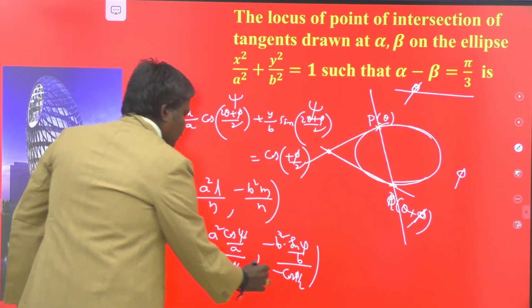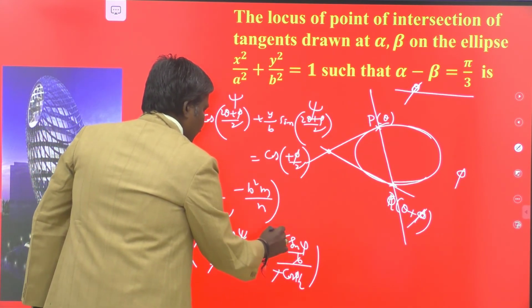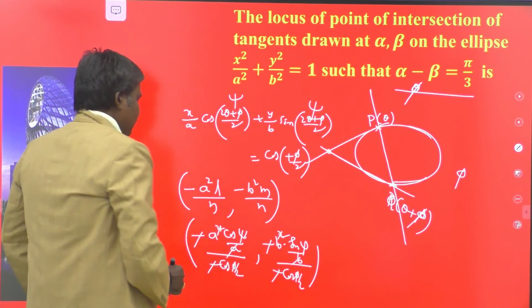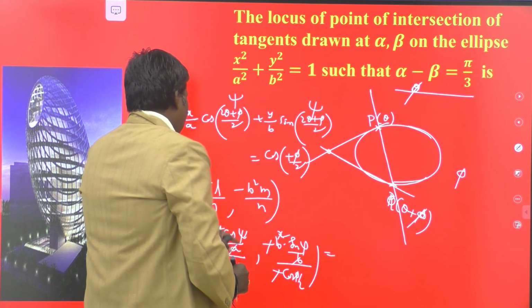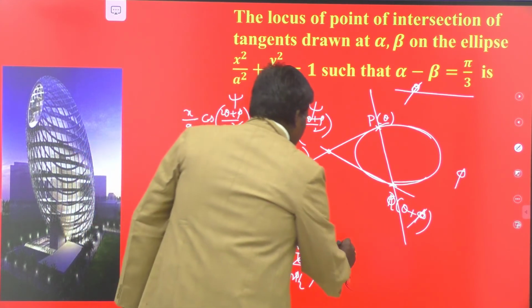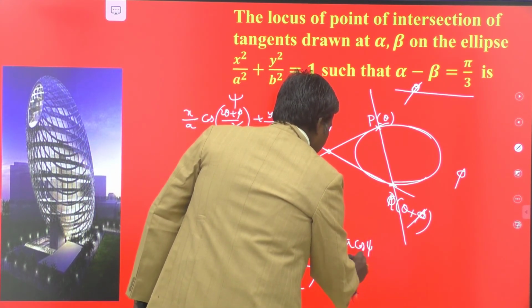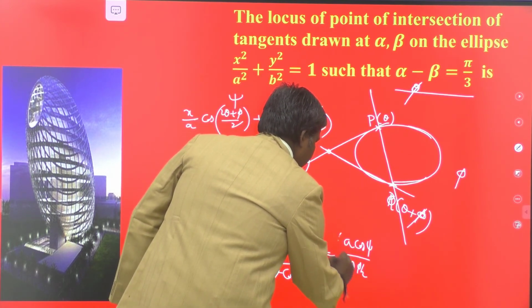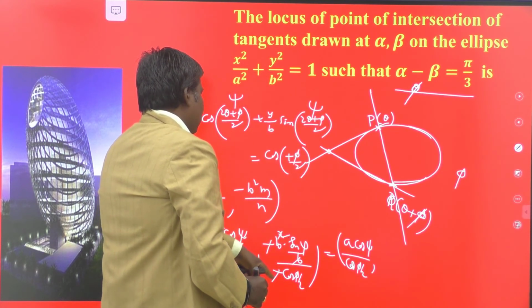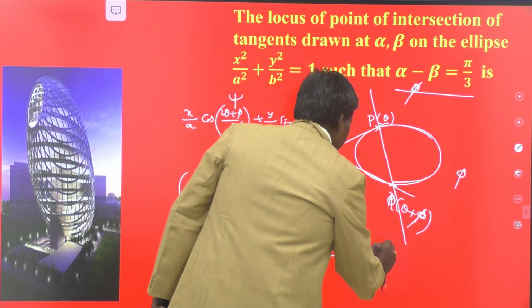So minus gets cancelled, b gets cancelled, a gets cancelled. We have the point as a cos xi by cos phi by 2 comma b sin xi by cos phi by 2.